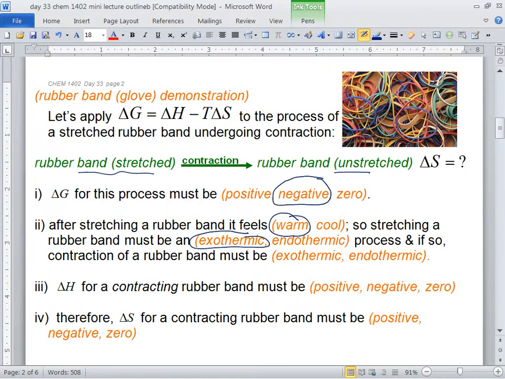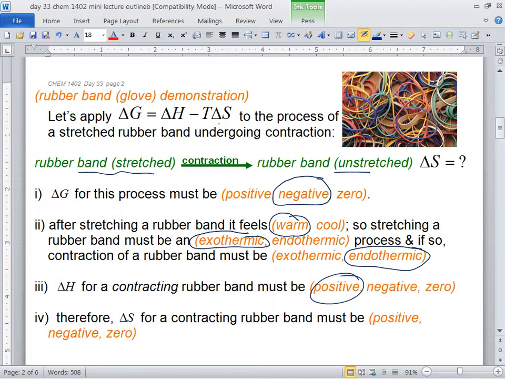So if stretching a rubber band is exothermic, contraction, Kendall, must be what? Endothermic. Okay. So contraction on a rubber band is endothermic. So delta H then, Enrique, for a contracting rubber band is positive, because that's endothermic.